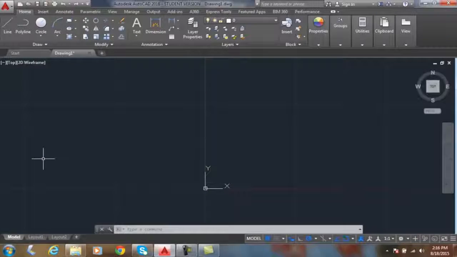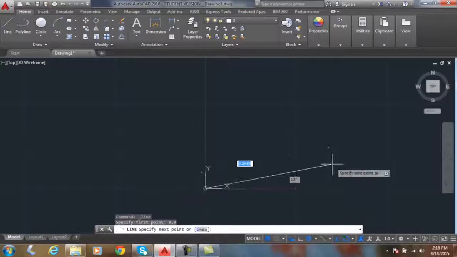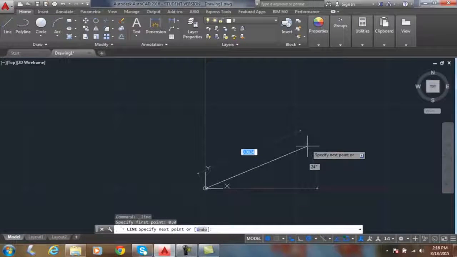Polar coordinates is when we want to draw a line, for example, with a certain distance and at a certain angle. So for example, let's start a line and start the line at 0,0 now. I want to have a distance of 2 inches.